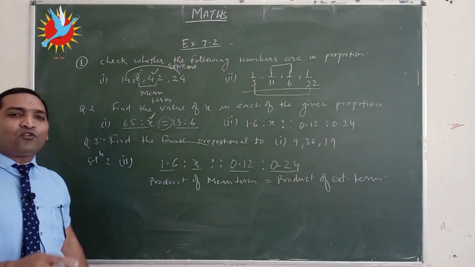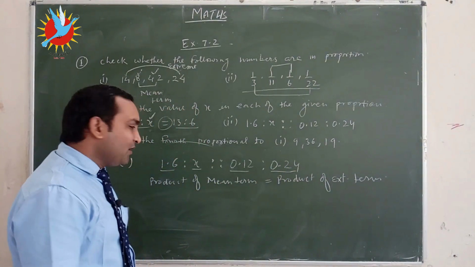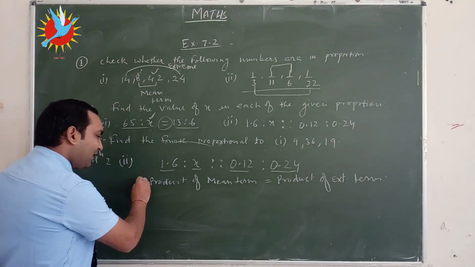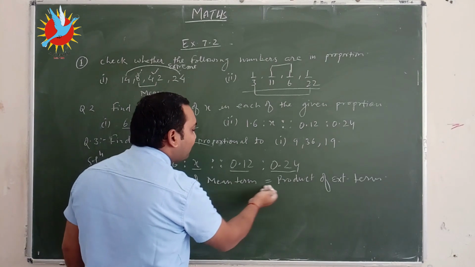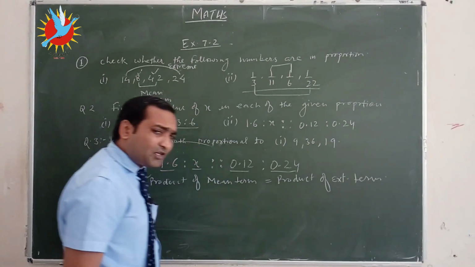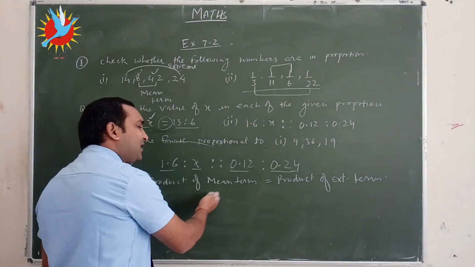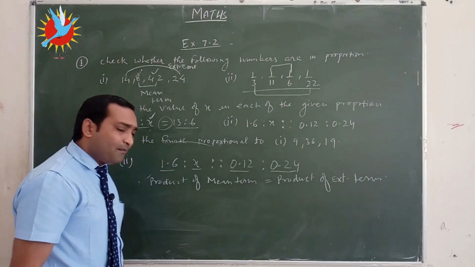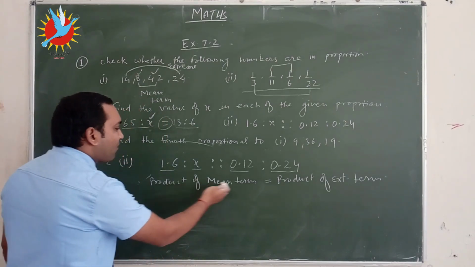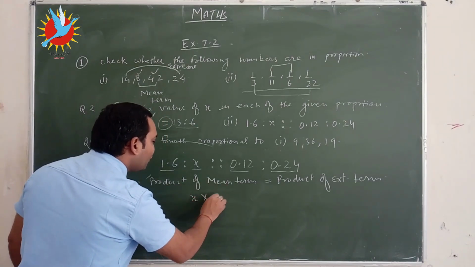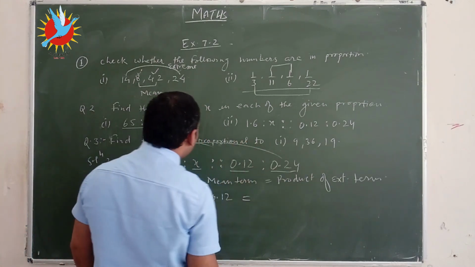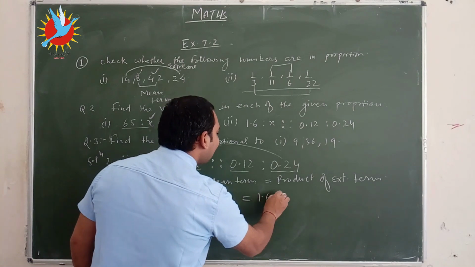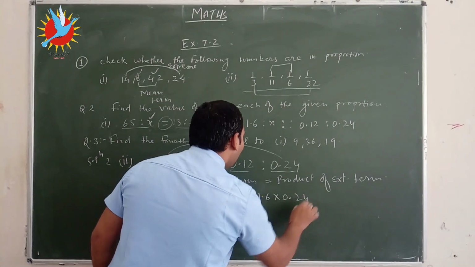If any four terms are in proportion, then we can write this formula: product of mean terms is equal to product of extreme terms, or product of extreme terms is equal to product of mean terms. So the product of mean terms is x into 0.12 and the product of extreme terms is 1.6 into 0.24.